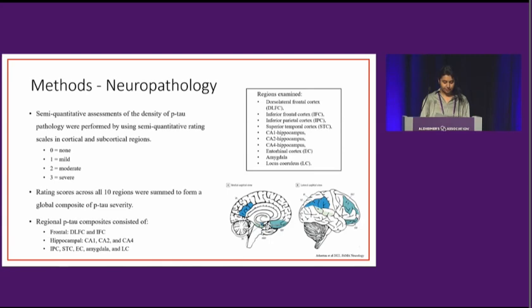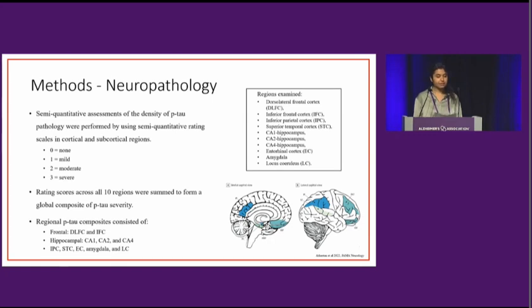And then we analyze brain regions involved in CTE with known roles in modulating cognitive, mood, and behavioral functions. Neuropathologists rated the density of p-tau in cortical and subcortical regions by using semi-quantitative rating scale ratings that range from 0 or none, to 3 or severe, and scores across all 10 regions were summed to form a global composite of p-tau severity, which gave us the overall p-tau severity in the brain.